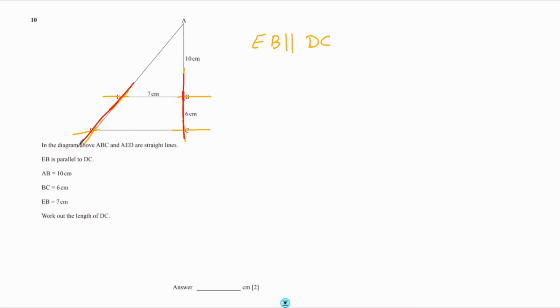If they are parallel, the corresponding angles, this and that, are equal. So we can write here: corresponding angles.